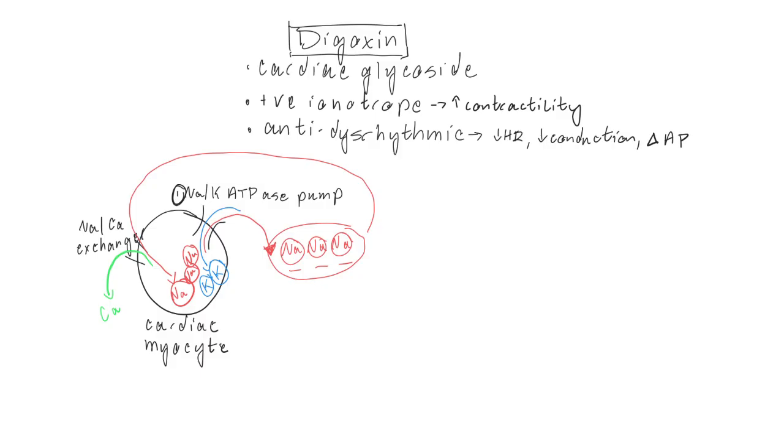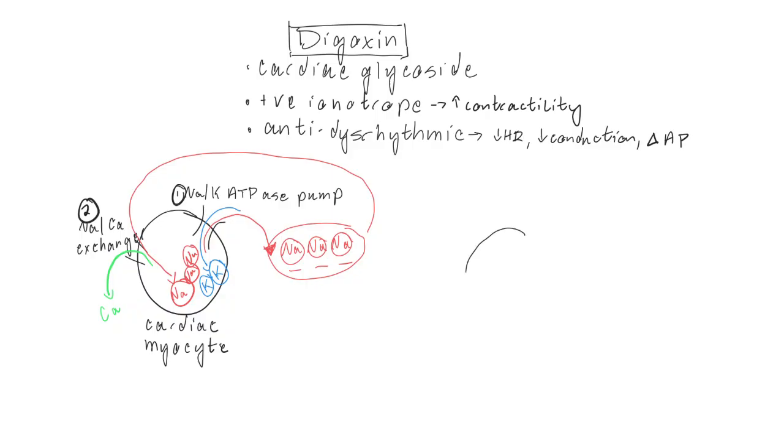So through the sodium calcium exchanger, it moved back into the cell, and calcium left the cell in exchange for it. So that's what's normally happening in a cardiac myocyte. And what this means for the heart muscle is that the calcium actually moves out after each muscle contraction. So the calcium leaves the cell after the muscle contraction.